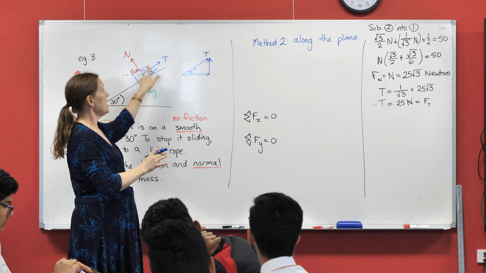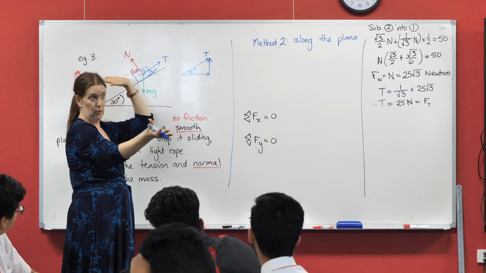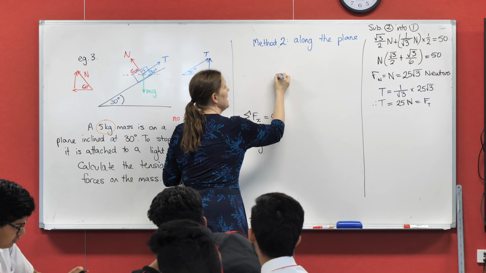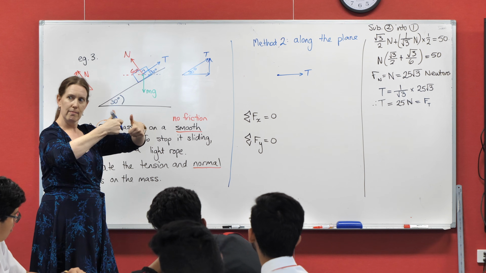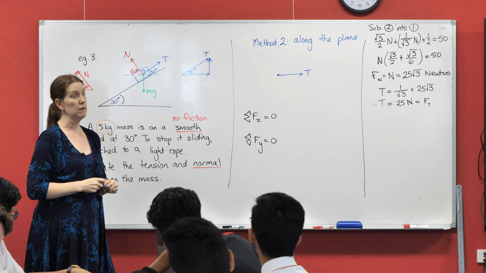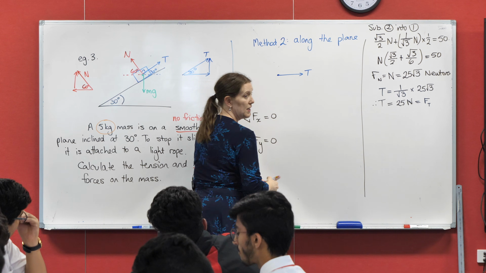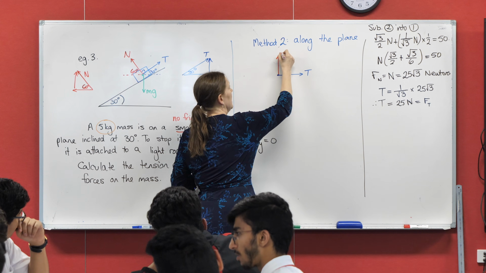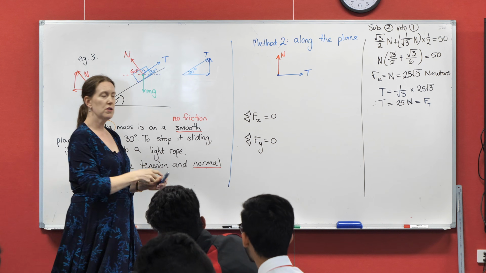If I take this as my orthogonal directions, T is already there. Up the plane, I've chosen to make it the positive direction. N, or force N if we want to call it force N, is also at 90 degrees. Yes, no resolving required.